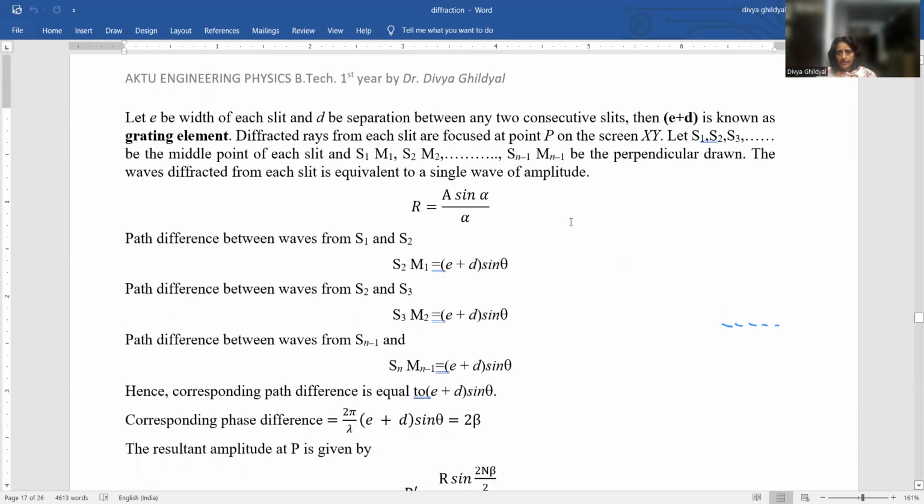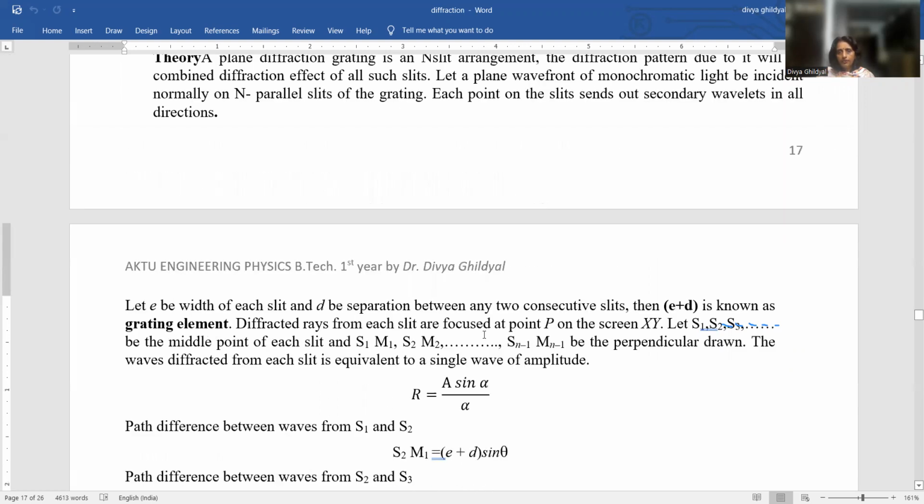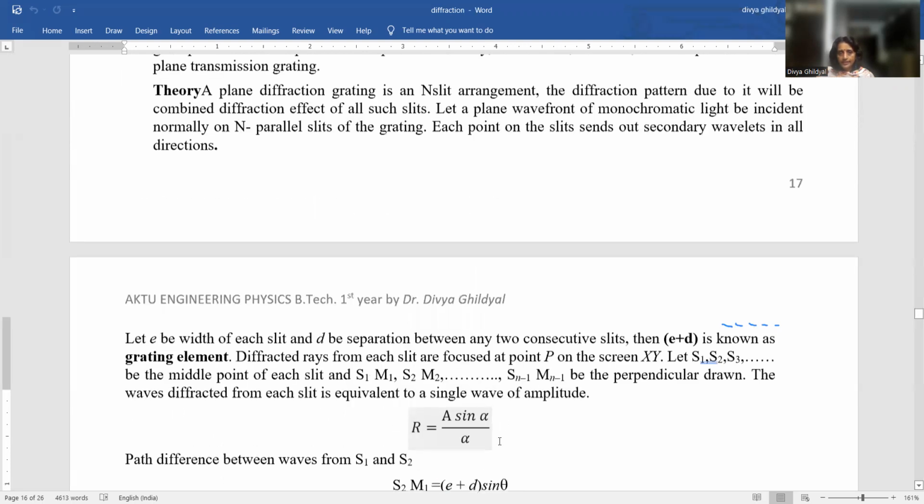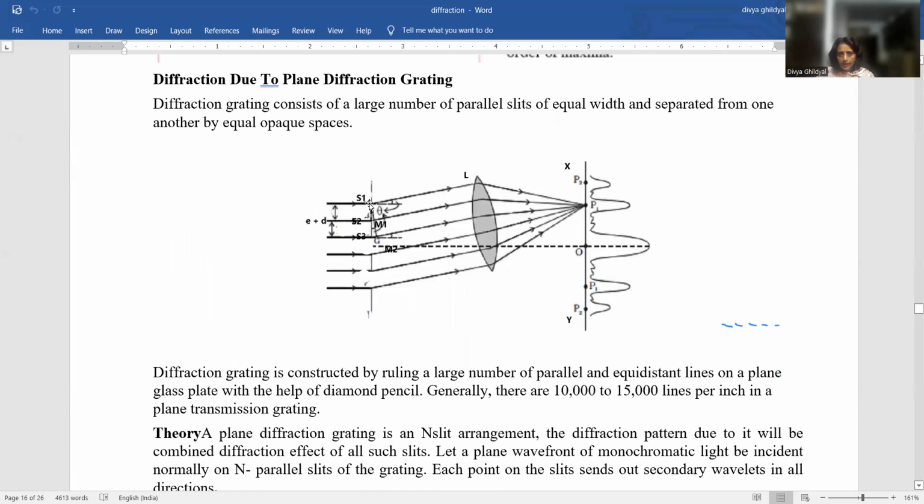We have studied that the resultant due to a single slit of amplitude A is given by R equal to A sine alpha upon alpha. Now consider the path difference between S1 and S2, S2 and S3, till Sn, with the perpendicular dropped as shown.